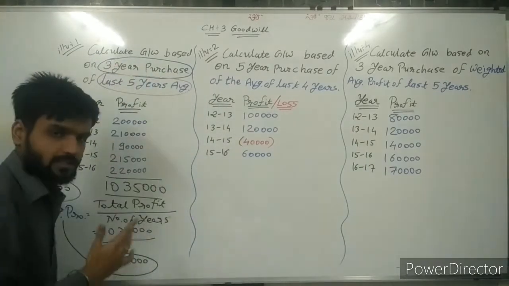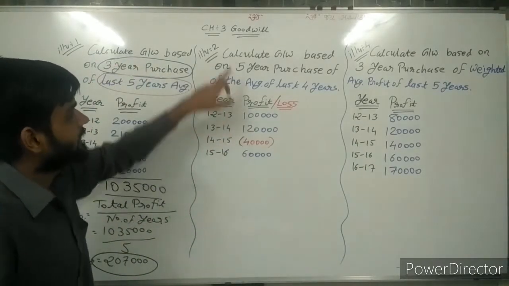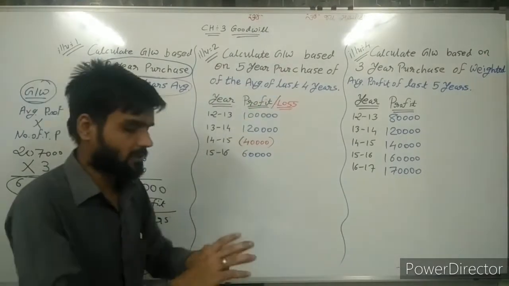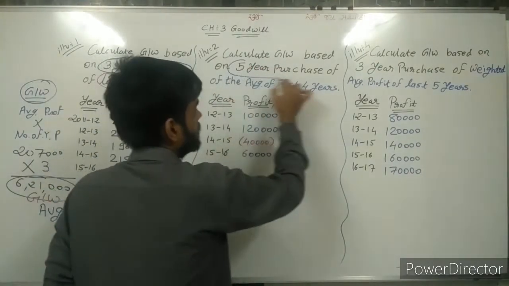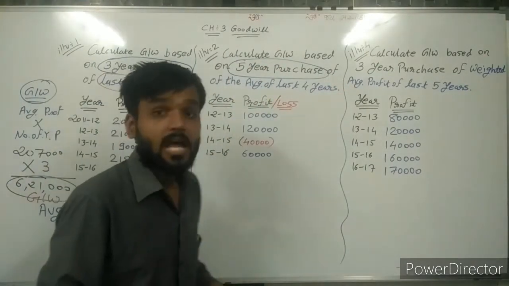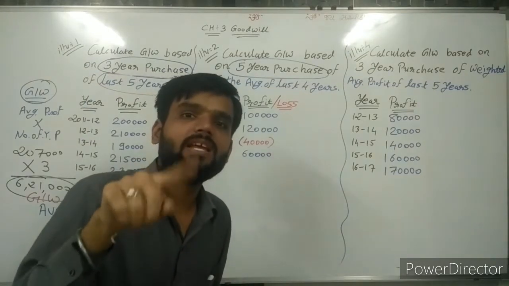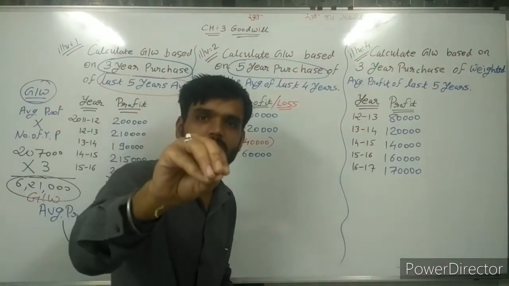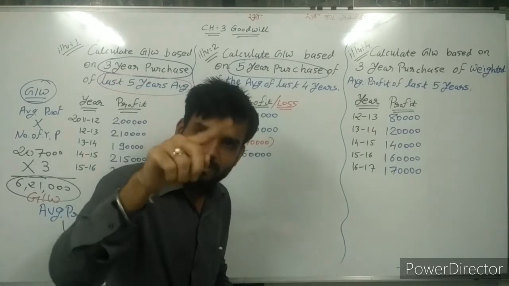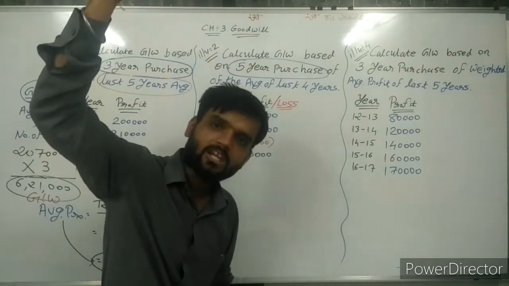So the first sum is clear. Sir, here also we can say calculate goodwill based on 5-year purchase. Most important: 5-year purchase, so multiply with 5 when we are finding goodwill.